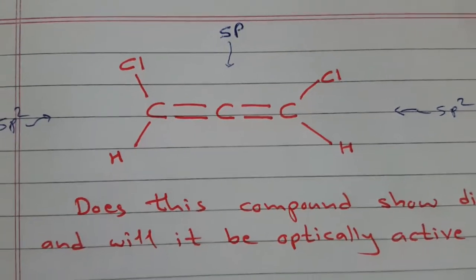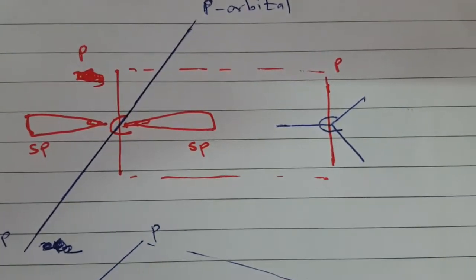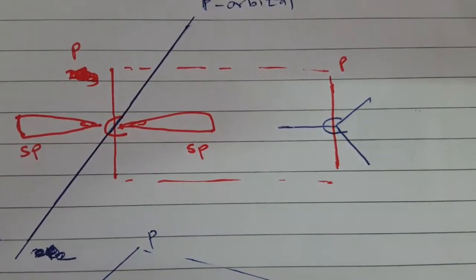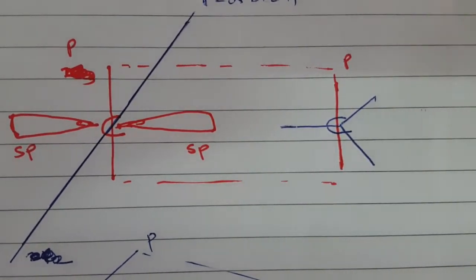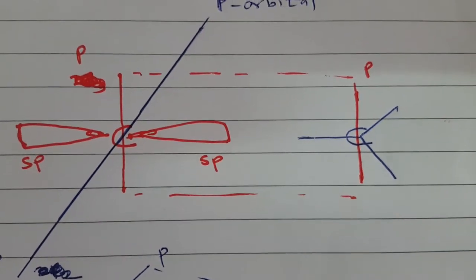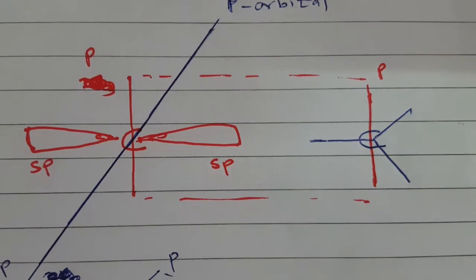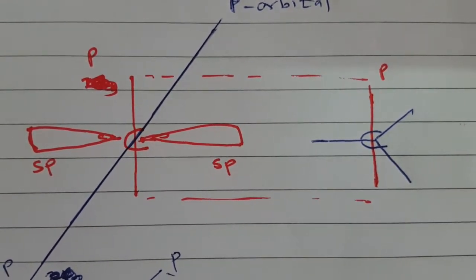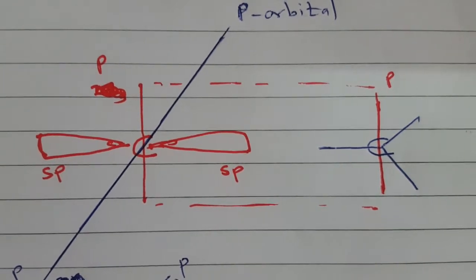Now the sp hybridized carbon will form a pi bond with the sp2 hybridized carbon on the right hand side. Suppose that the two are in the plane of the paper: the pi bond is pp parallel overlapping, and there is a sigma bond between the sp hybrid orbital of the middle one and sp2 on the right hand side.